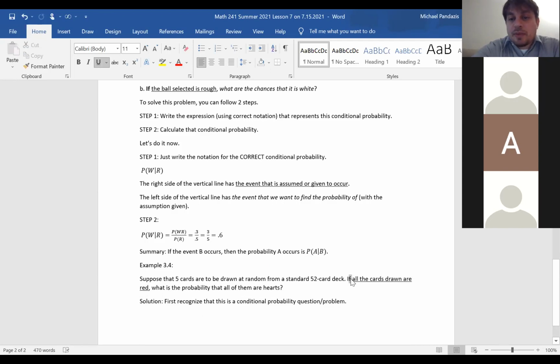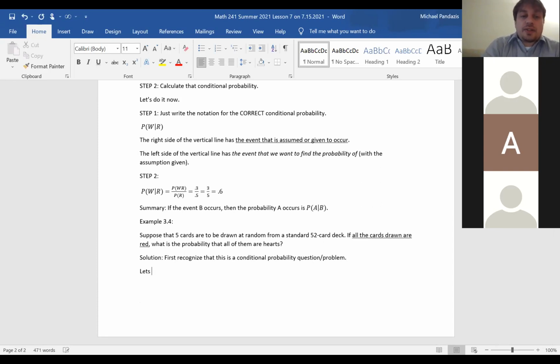But most importantly, the easiest way to tell is when the sentence has the word if or when in it, then the statement immediately after it should be the assumed statement. The word if could appear at the end of the sentence or the beginning. So again, it's not about beginning, middle, or end of the sentence. It's about the words around it. So after if, okay, this is the given statement.